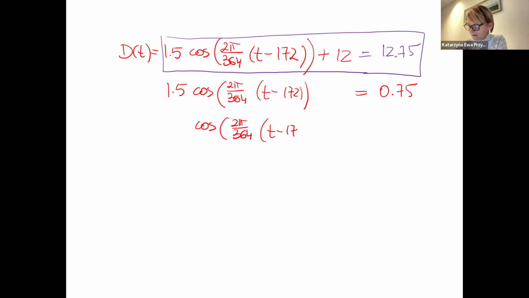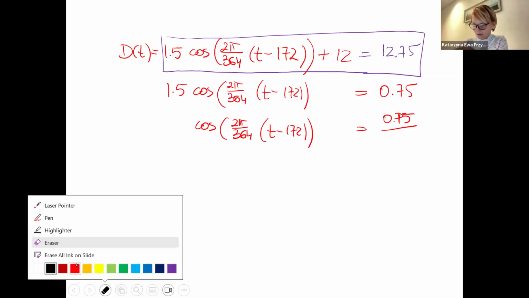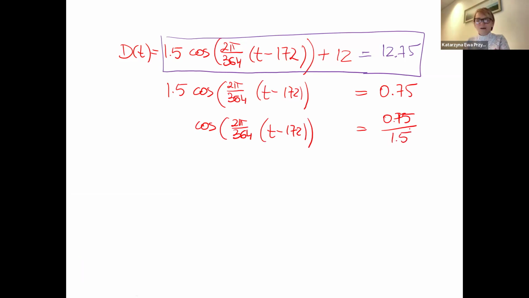We have to divide 0.75 by 1.5. Who can help me? We don't really need a calculator because 0.75 is 3/4, divided by 3/2. Dividing by a fraction means multiplying by the reciprocal. 2/4 is 1/2.